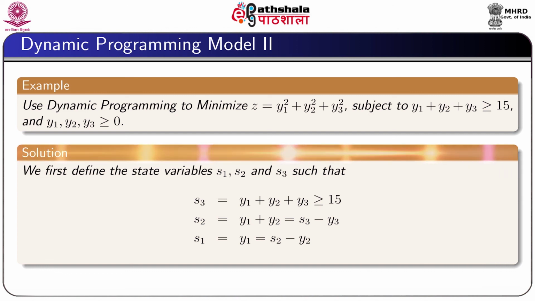To solve this problem by using the dynamic programming technique, we define the state variables S1, S2, S3 as follows. We take S3 equal to y1 plus y2 plus y3, which is greater than or equal to 15, S2 equal to y1 plus y2, which is equal to S3 minus y3, and S1 equal to y1, which is equal to S2 minus y2.